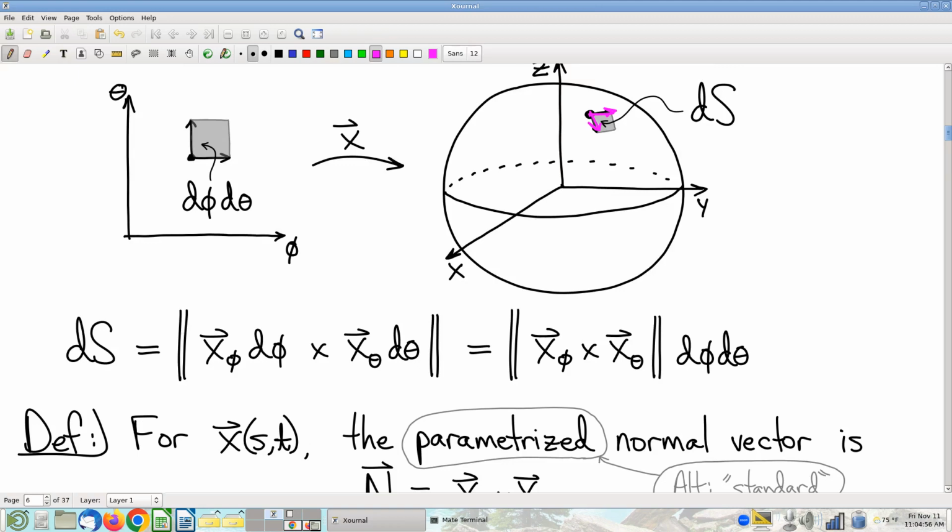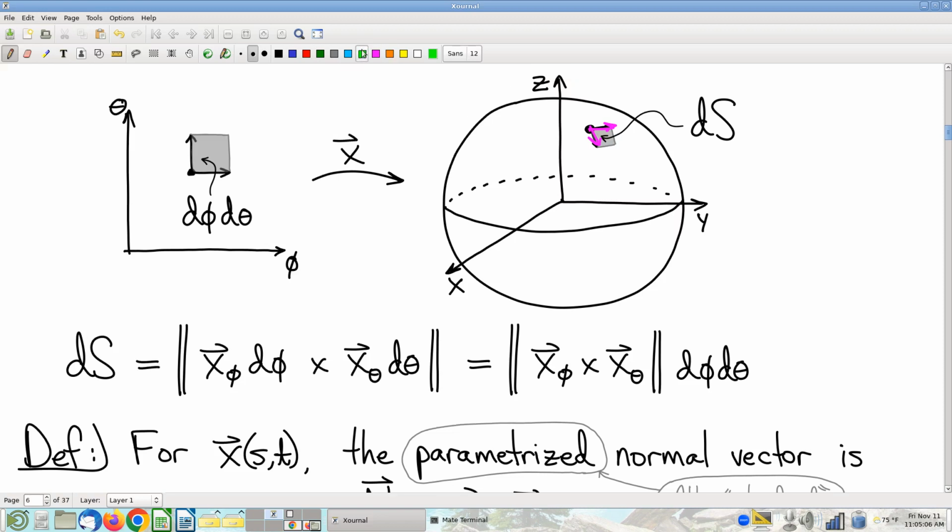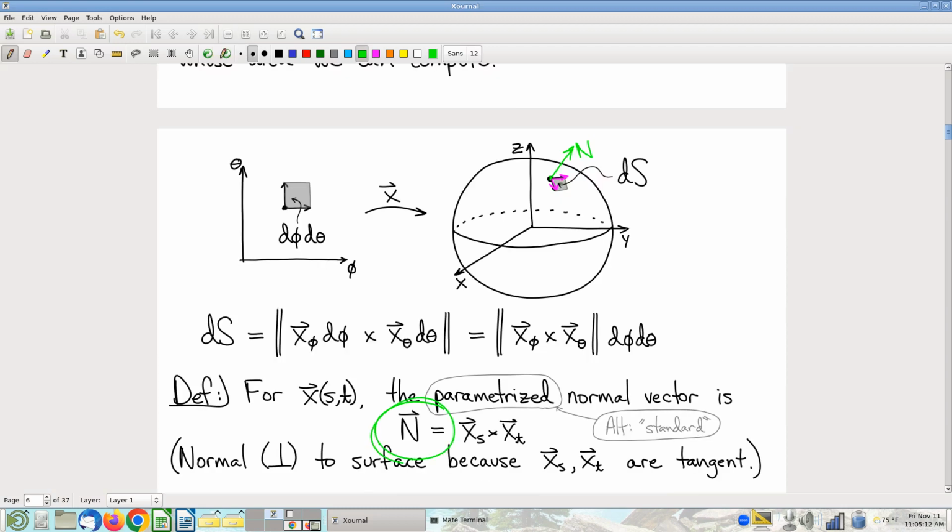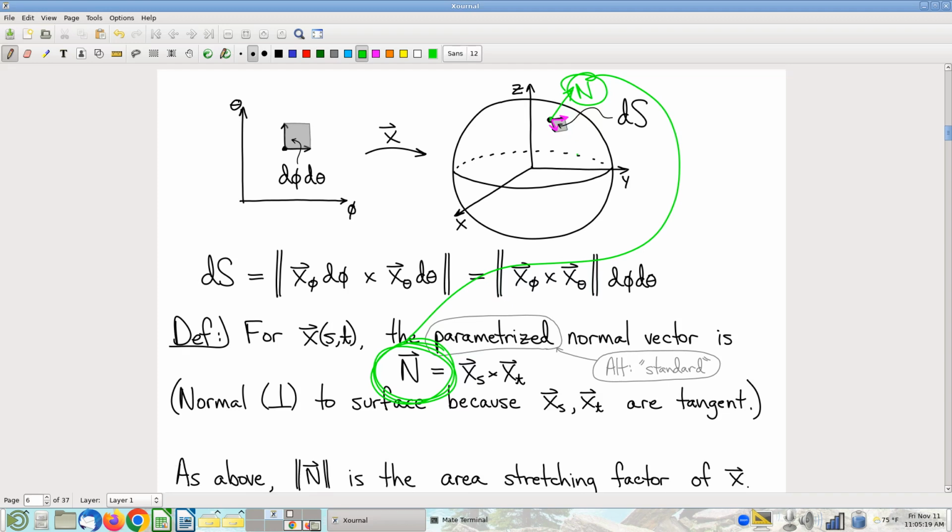The coordinate curves are inside the surface, so these are tangent to the surface, and therefore their cross product, namely this capital N, is always going to be orthogonal to the surface, otherwise known as normal to the surface, which is why we use the letter N in the choice for its name.